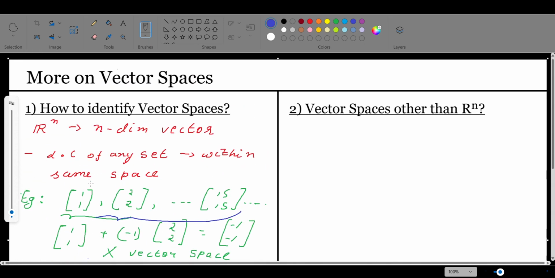Now, I wanted to talk to you about something very interesting, which is vector spaces other than Rn. Okay. Now there are certain vector spaces that don't actually contain vectors. Okay. For example, is M. Now M is a vector space because it contains all 2 cross 2 matrices.